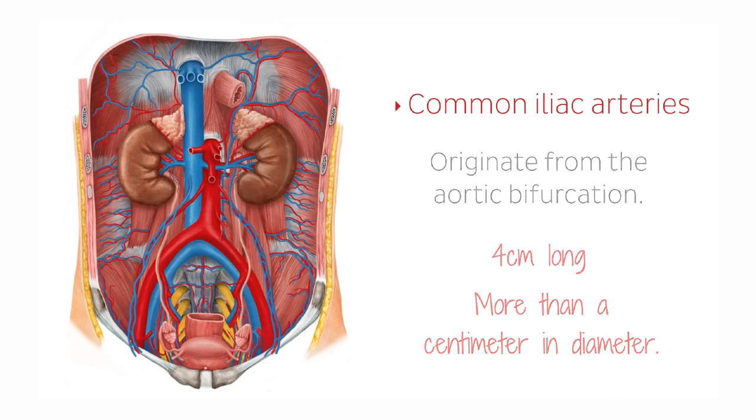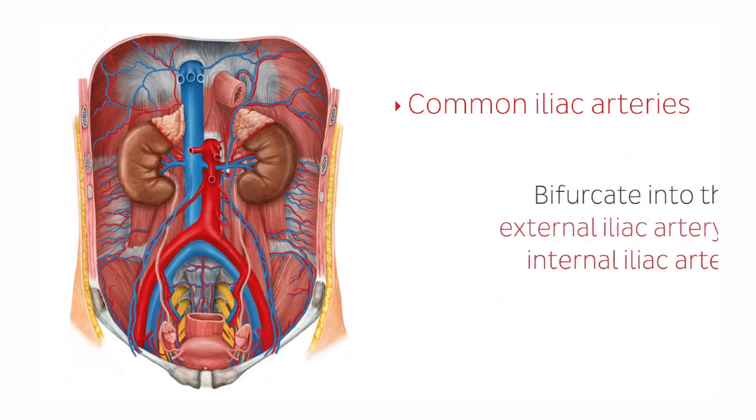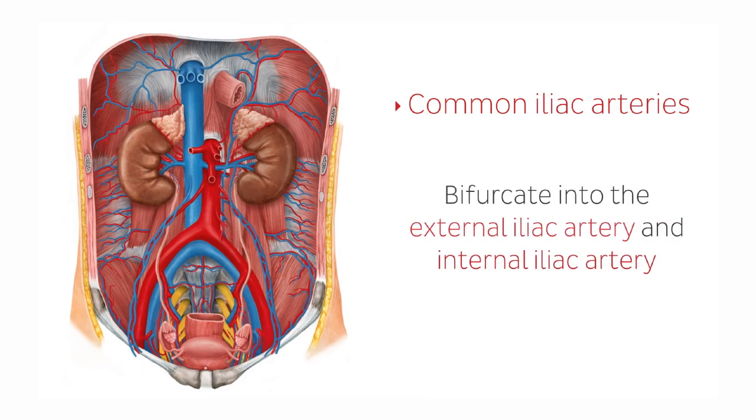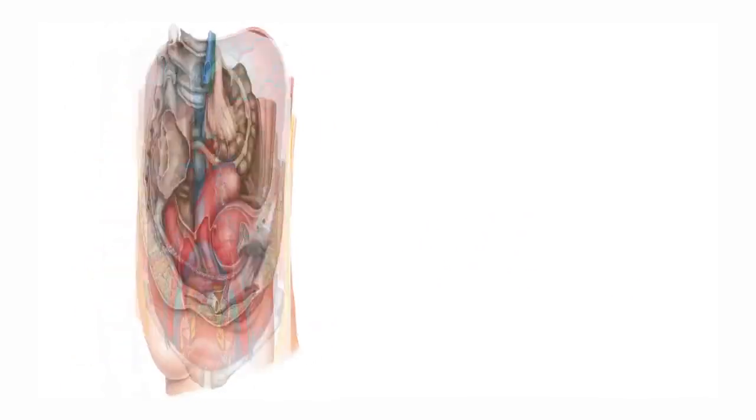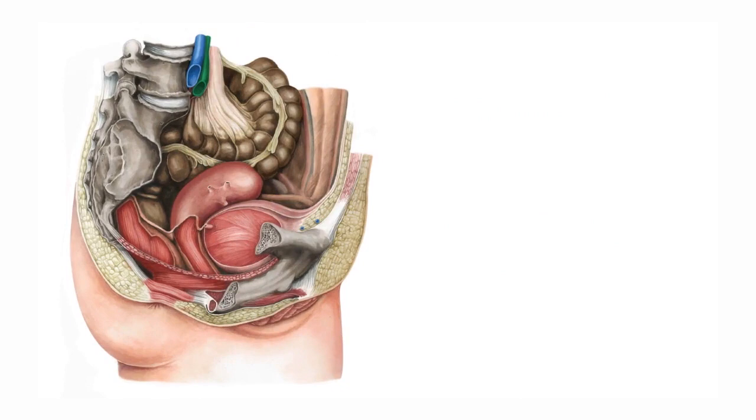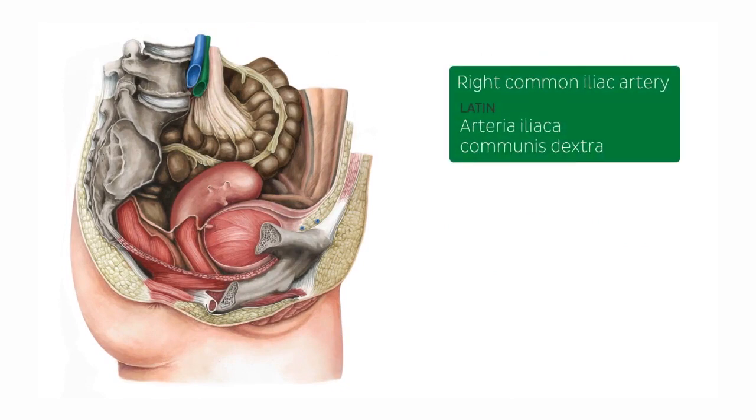The common iliac arteries will then bifurcate into 2 other important arteries known as the external iliac artery, which you can see here, and also the internal iliac artery. Now, in this image of the female pelvis, we're highlighting what is known as the right common iliac artery.